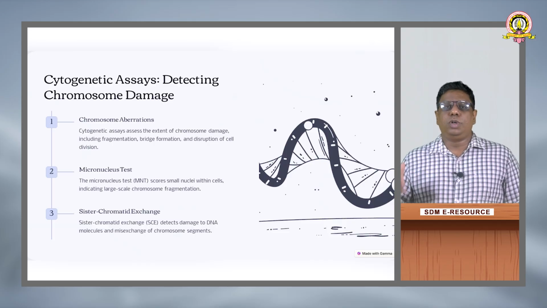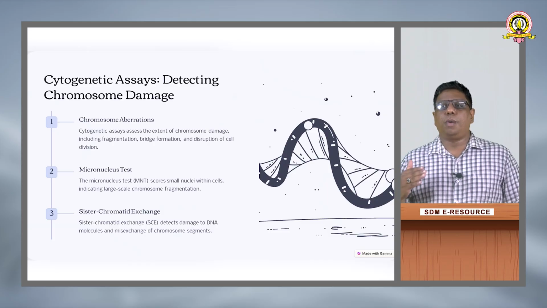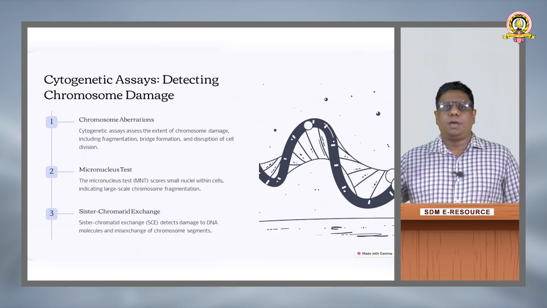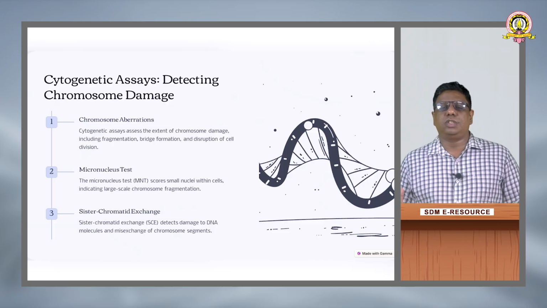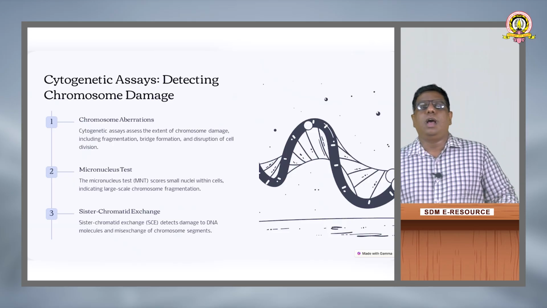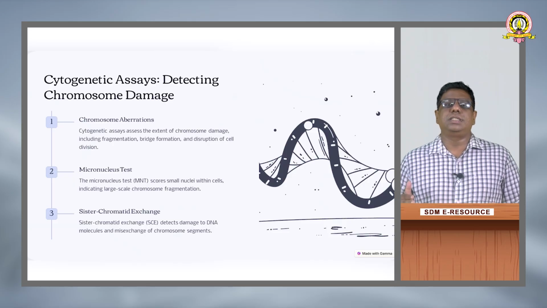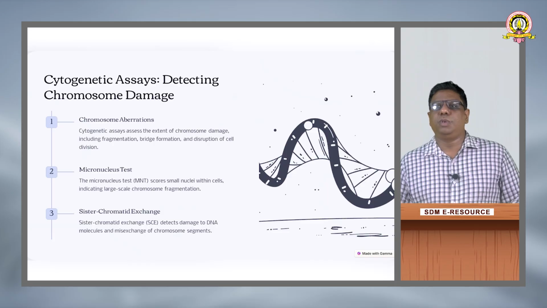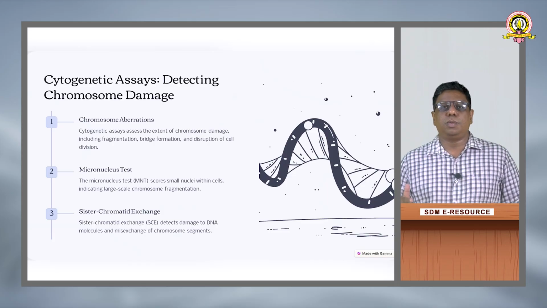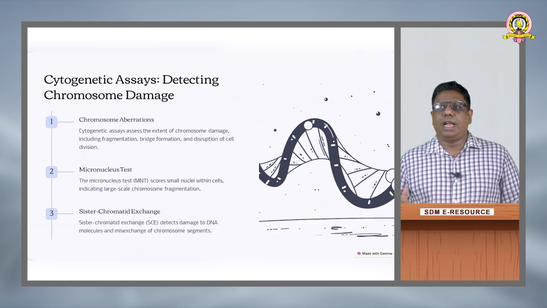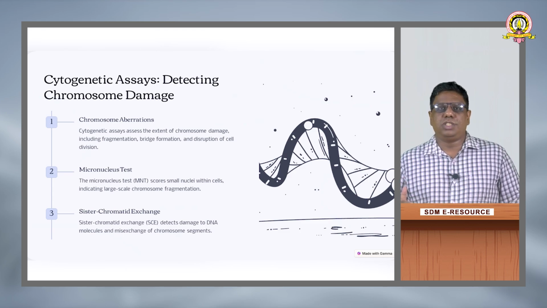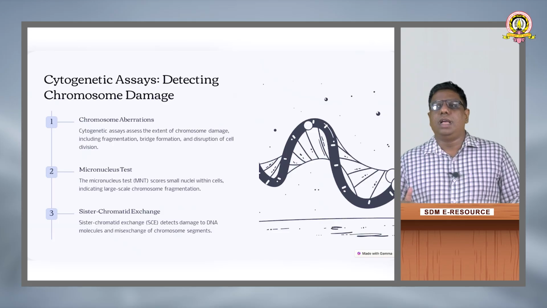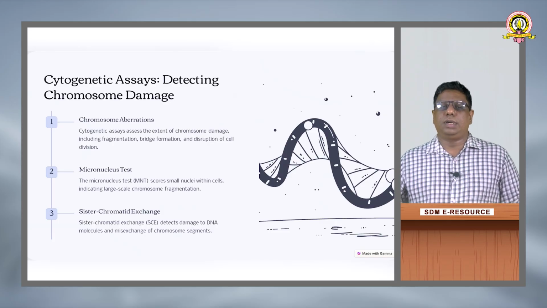The mutagen interacts with the cell and stops chromosomal division during mitotic or meiotic division. If it is a somatic cell, it is mitosis; if it is a germinal cell, it is meiosis. Chromosomal changes can occur, leading to fragmentation of DNA, the formation of bridges, and disruption of cell division. So the cell won't divide further.